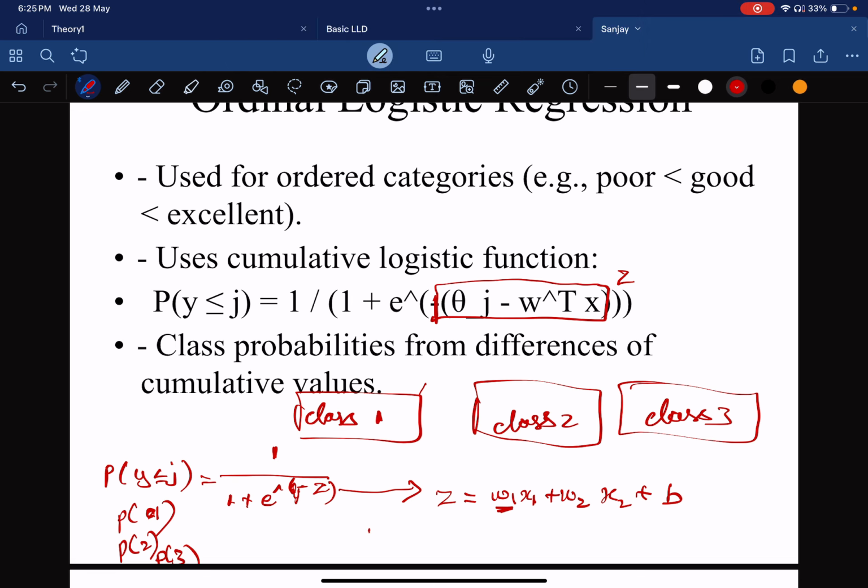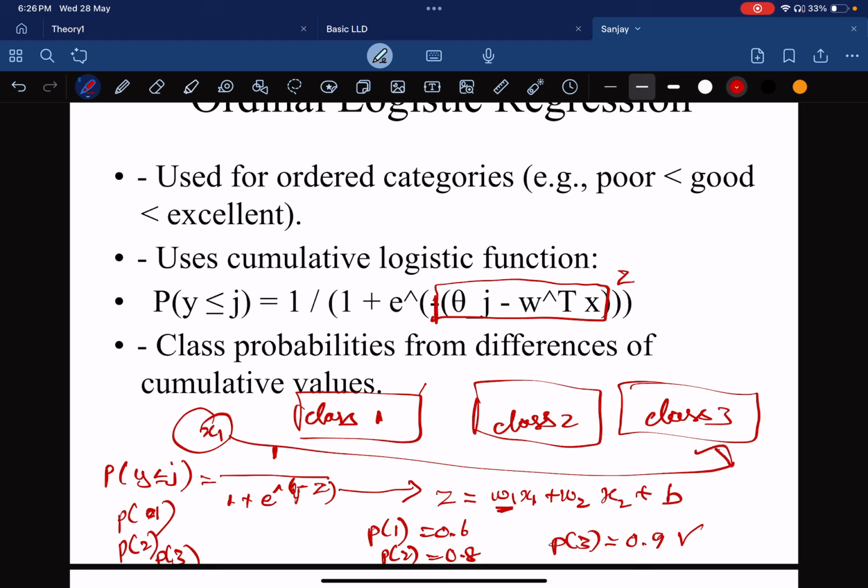For example, p1 is 0.6, p2 is 0.8, and p3 is 0.9. Among these, 0.9 is the highest, so the data x1 goes into class 3. Unlike the others, the sum of the probabilities is not always equal to 1. It may differ.